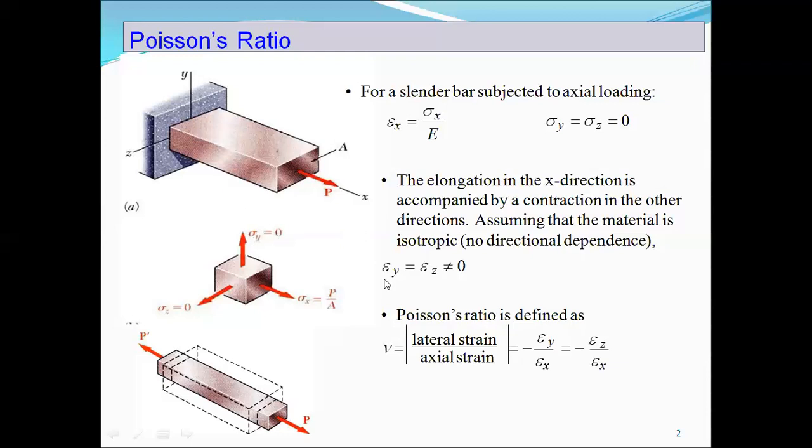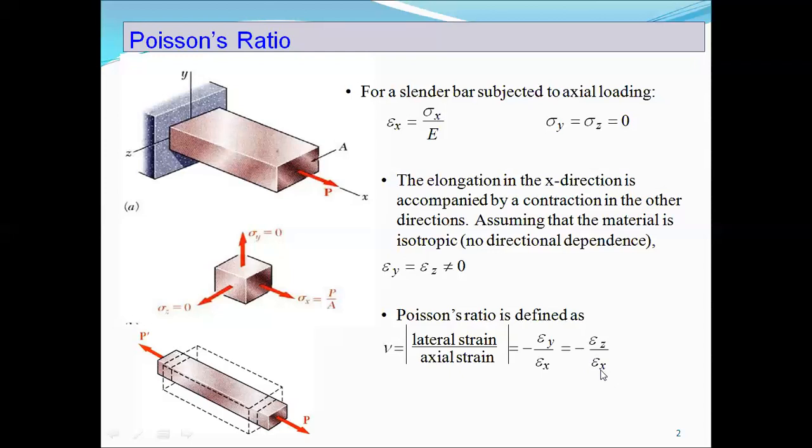So the strain epsilon y would be negative. Similarly, if we write the Poisson's ratio for epsilon z, it would be minus epsilon z by epsilon x. In this case, again, epsilon x is the axial strain, and epsilon z is the lateral strain, and a negative sign because epsilon z would be negative. Or in other words, these two would be opposite to each other.